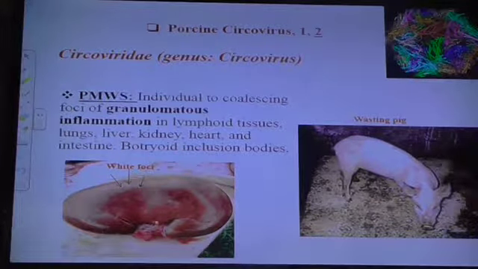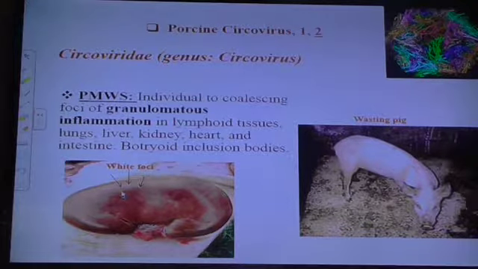When kidneys are examined, there are white foci, which are granulomas, basically macrophages and giant cells infected with the virus. If one takes a tissue from these organs, you can see botryoid inclusion bodies in macrophages, which is pretty diagnostic.